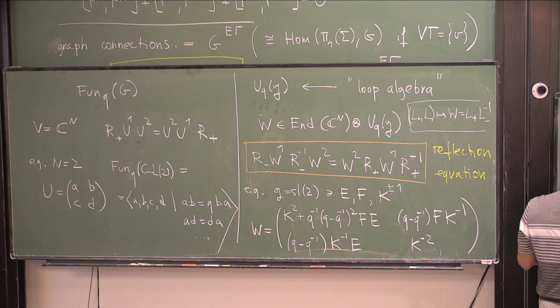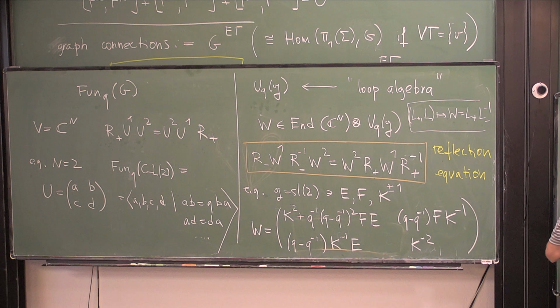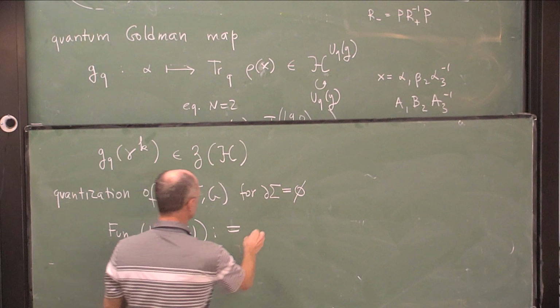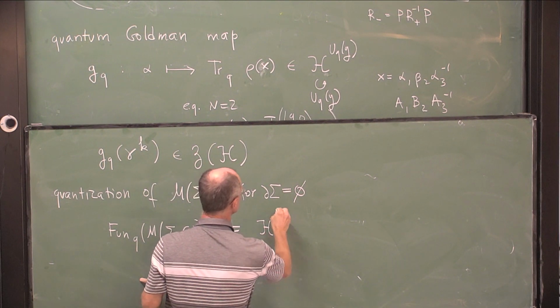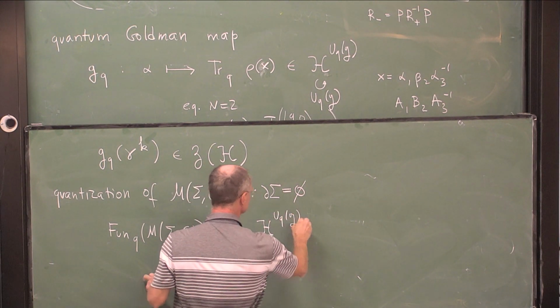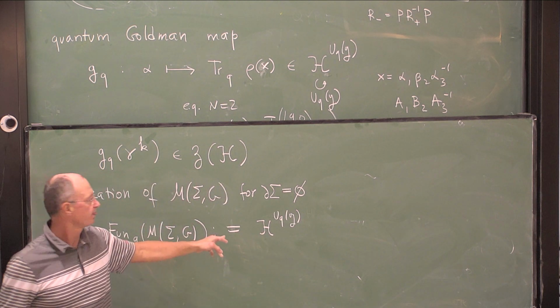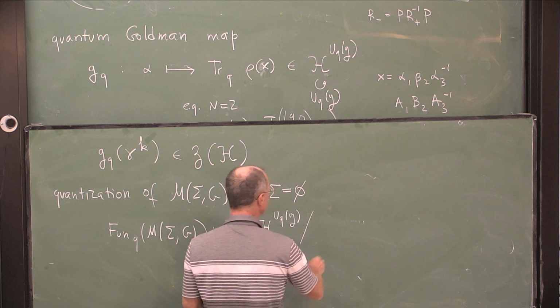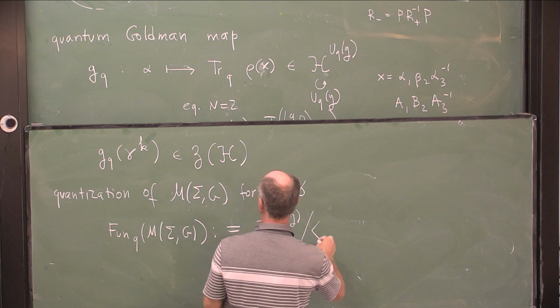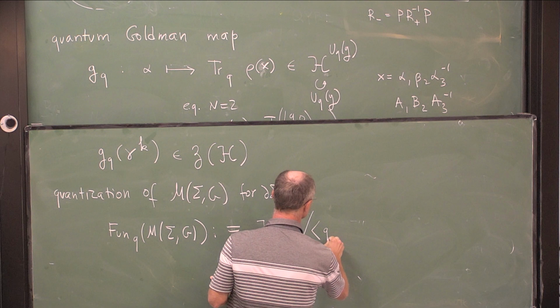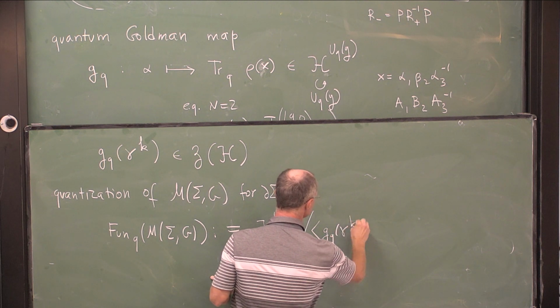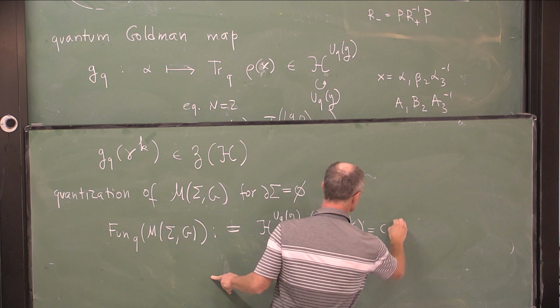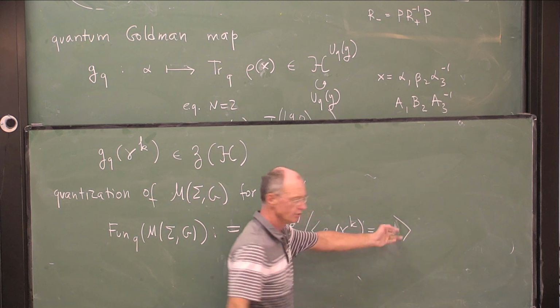Now, your quantum functions on G will be defined as the UQG invariant part of H, and then you divide by the ideal where those images of gamma k are equal to some known constants.